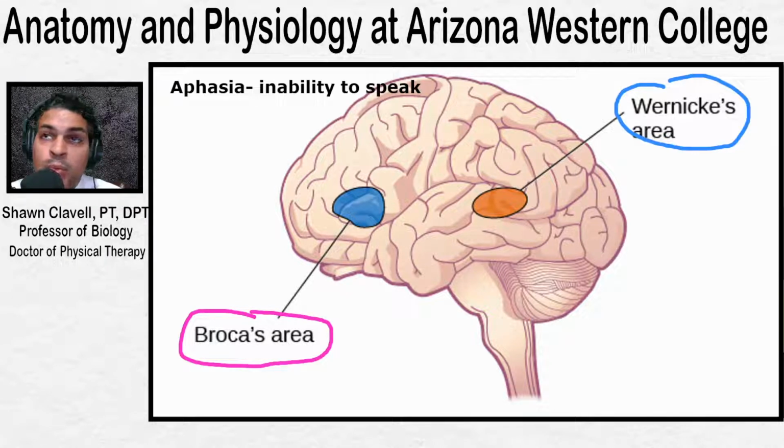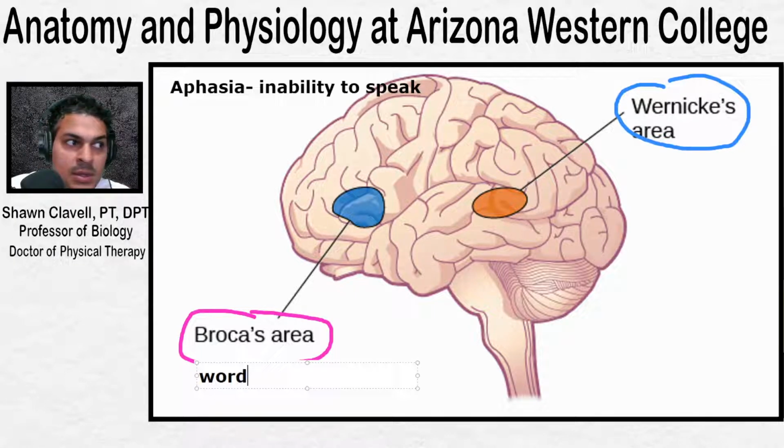So you can have Broca's aphasia. Broca's aphasia would be where individuals have difficulty directing motor speech, including thinking about or planning to speak. So what you may hear is a word salad.